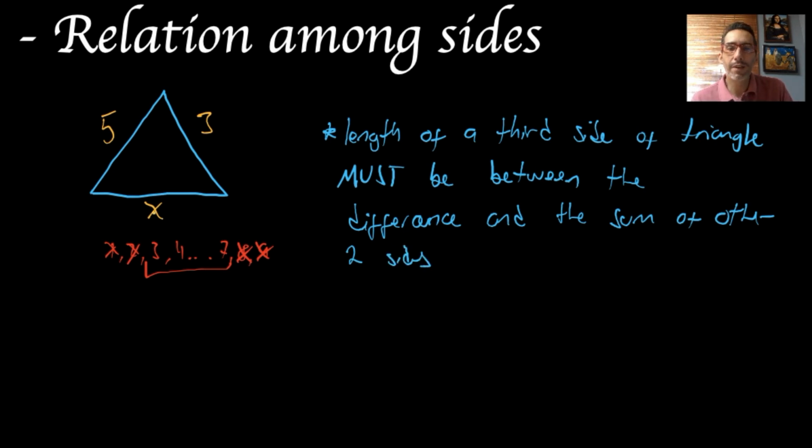So the length of a third side, in this case x, must be between the difference and the sum of the other two sides.